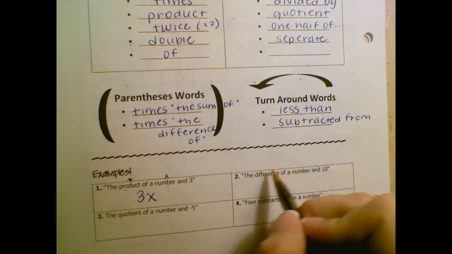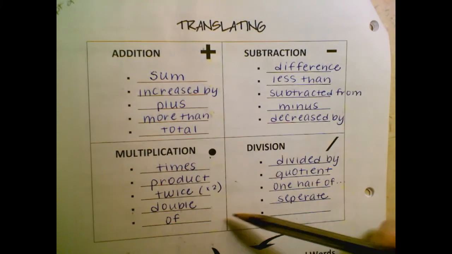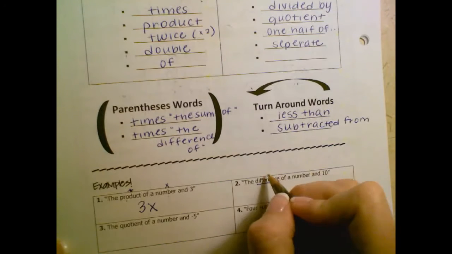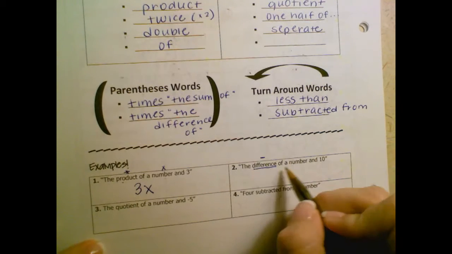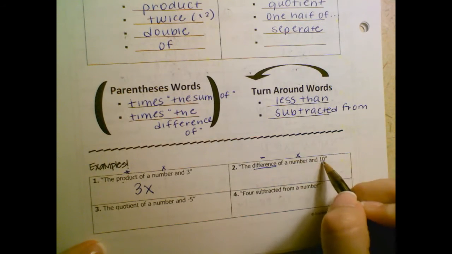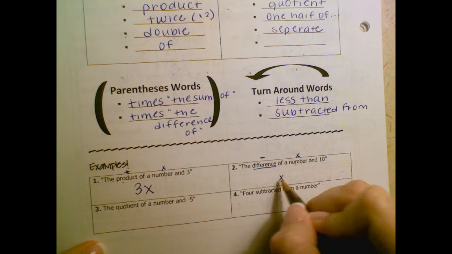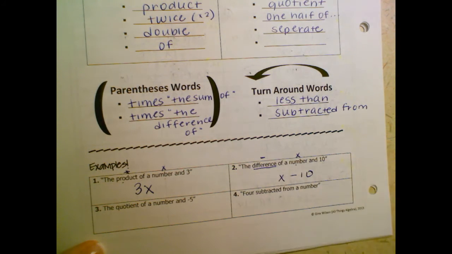The difference, so here's my first term, difference, looking at my reference sheet. Difference means that I know I'm going to subtract the difference of a number. Again, I'm going to use x and 10. So number, the x comes first, 10 comes second.